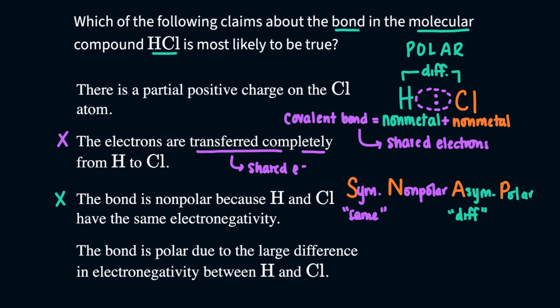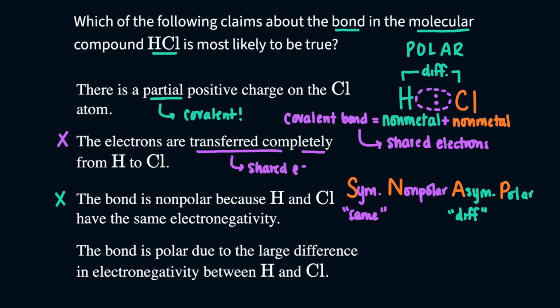So now we're down to A or D. Would there be a partial positive charge on the chlorine? Now just know that anytime you're talking about partial charges, that also signifies that you have a covalent bond. So we're on the right track for that. But we just have to find out whether the chlorine would be positive or whether it would be negative.